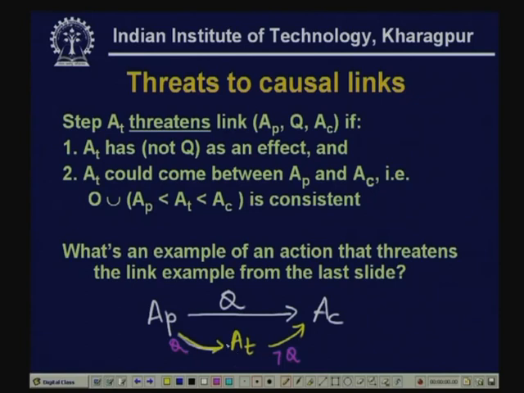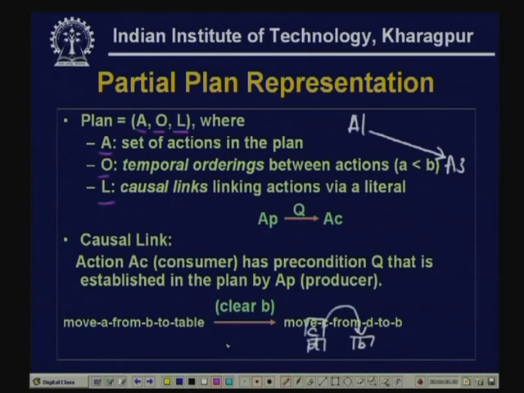So, for example, let us look back at the example from the last slide. We have move A from B to table achieves clear B, and then we can execute move C from D to B. Now, can you tell me an action that threatens this causal link?